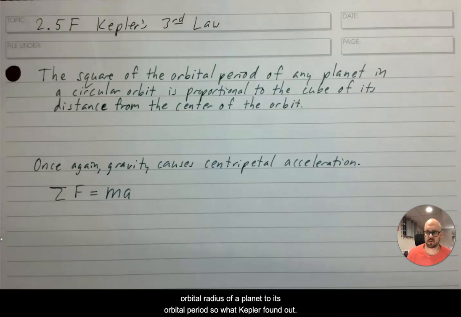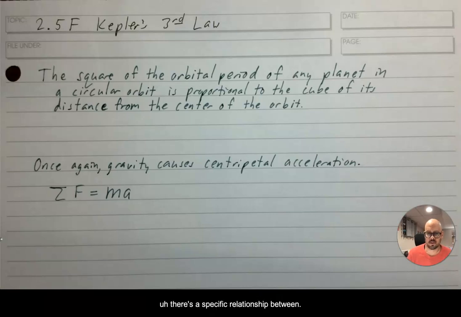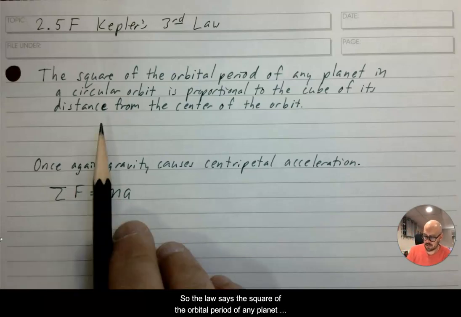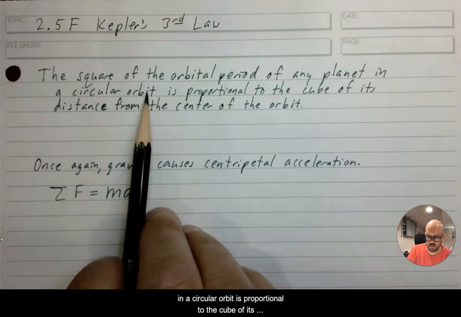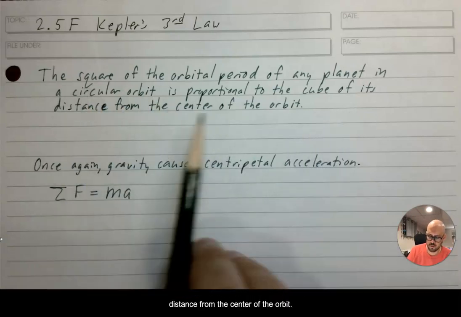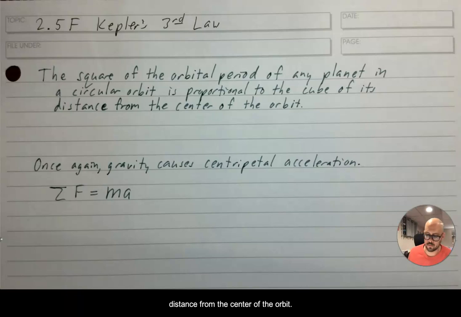So what Kepler found out, poring over a lot of data of planetary motion, is that there's a specific relationship between a planet's orbital radius and its orbital period. The law says the square of the orbital period of any planet in a circular orbit is proportional to the cube of its distance from the center of the orbit.